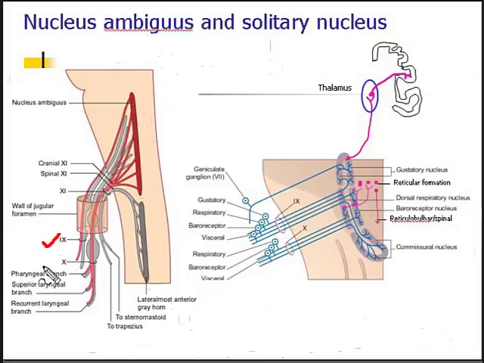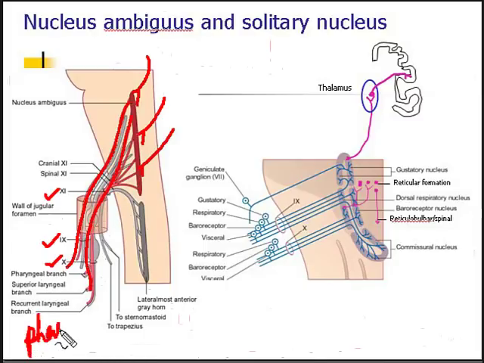The fibers from here, these are the motor cells. So they'll have corticonuclear fibers which will come and relay on them. And then these cells will give rise to axons which will pass out in the 9th, 10th, and 11th cranial nerves, and they will go to supply muscles of the pharynx and the larynx. So at different levels, if the section of the medulla is at the lowermost level, it will be the 11th, a little higher up, it will be the 10th, and a little higher up, it will be the 9th. So that's what the nucleus ambiguus does.